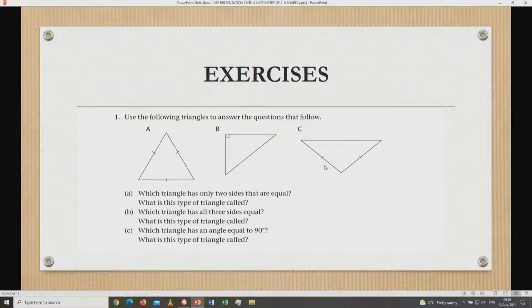And then triangle C, there are 2 markings. Right. First of all, which triangle has only 2 sides that are equal? That is question A is asking us. Which triangle has 2 sides equal? You remember that, guys, we spoke about the most important part being the markings on the triangle. Ne? Now let us see which triangle.